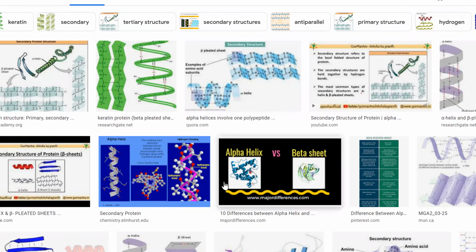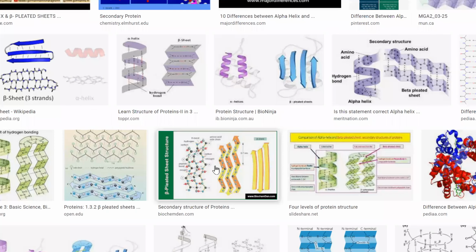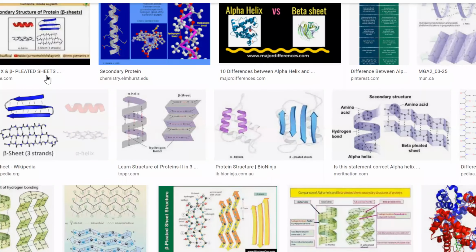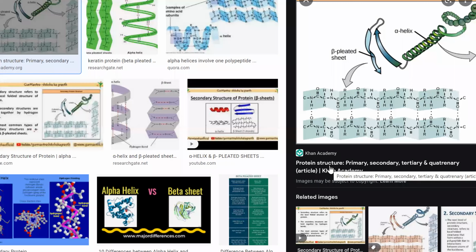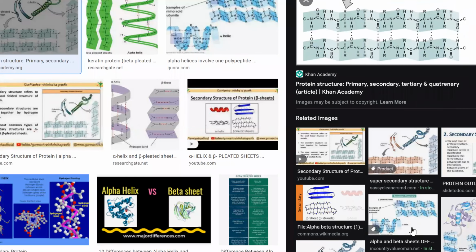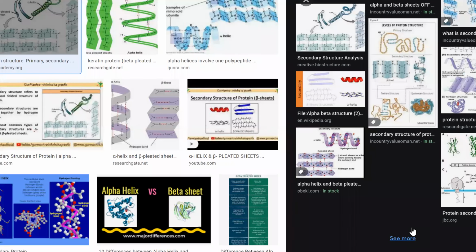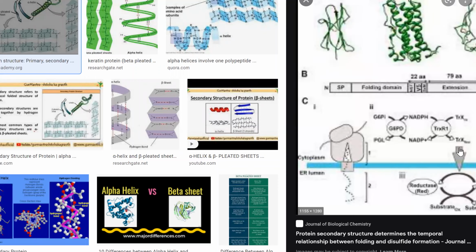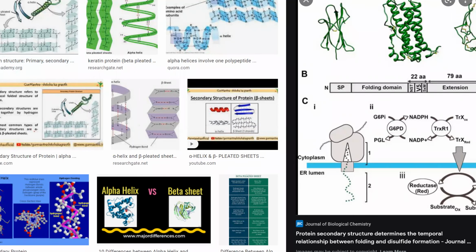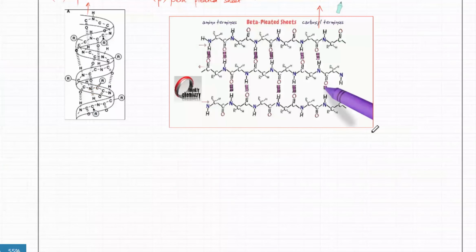Just a second. So I'll just draw one over here myself.